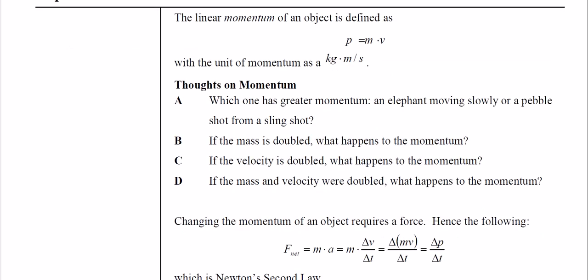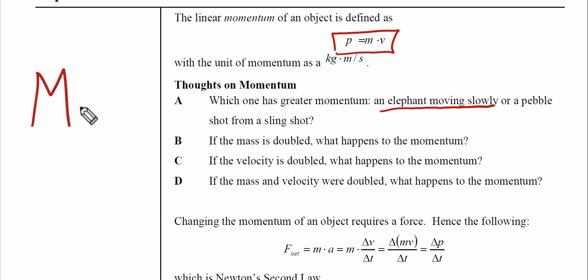So based on this definition for linear momentum, let's consider which one has greater momentum. An elephant is moving rather slowly, or a pebble shot from a slingshot. Now, let's go ahead and draw these remarkably stark differences. An elephant might have a huge mass, but would have a tiny velocity because it's moving slowly.